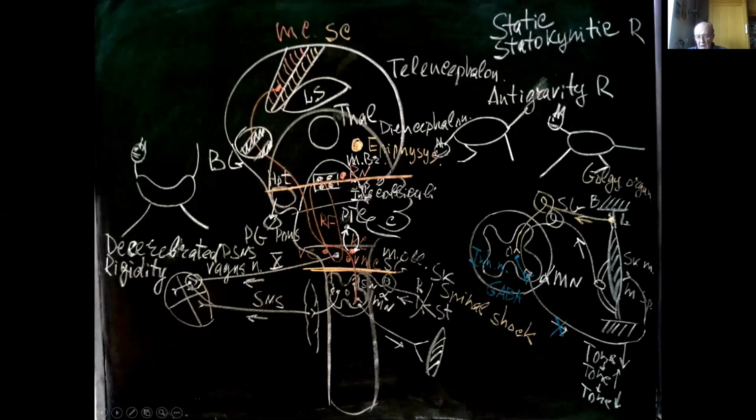If the muscle tone decreases, you see the first picture, the length of the muscle becomes more, the muscle spindle stretches out, and the receptor starts to produce action potentials.